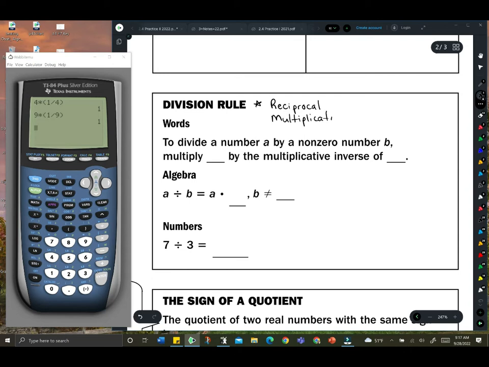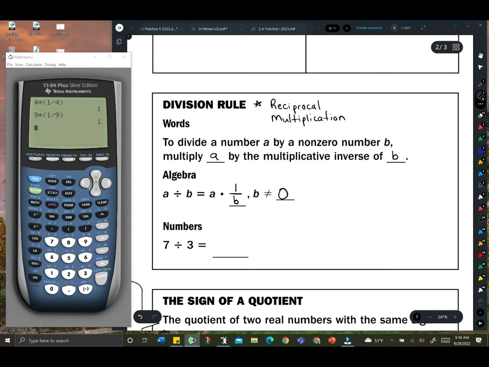So what I mean by that is to divide a number by a non-zero number, multiply by the multiplicative inverse. So multiply A by the multiplicative inverse of B. If we want to take A divided by B, it's really the same thing as A times 1 over B. Again, B just can't be 0.